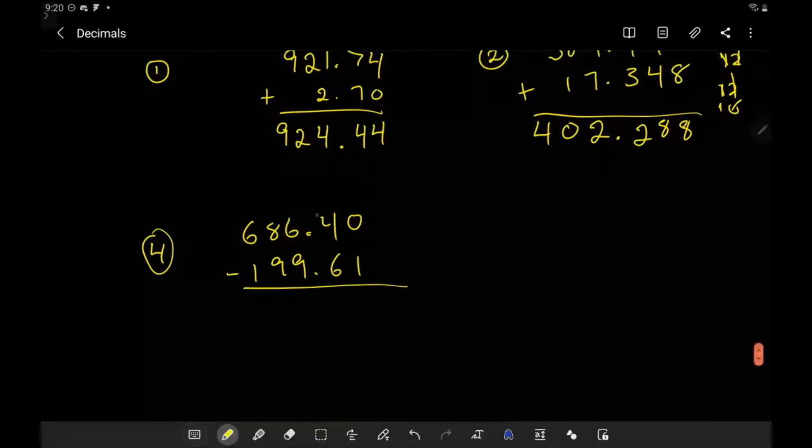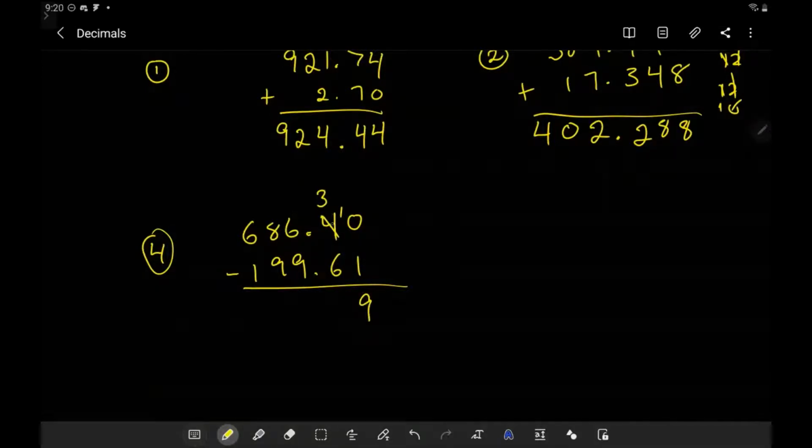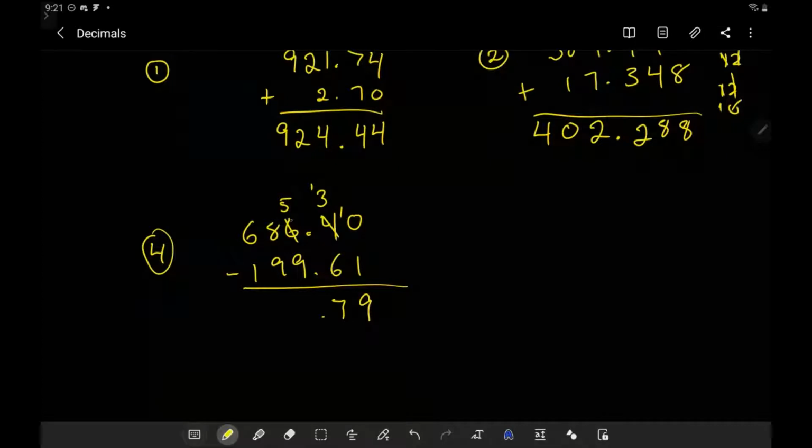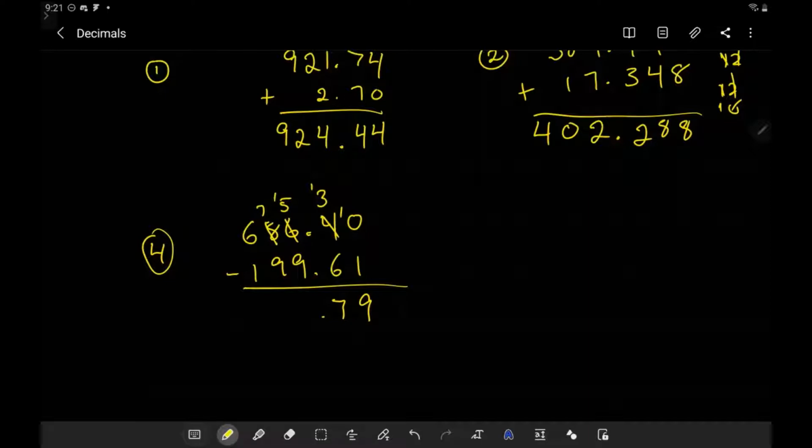So we have to take 1 from this, so this would be 3. 10 and 1. 10 subtract 1 is 9. 3 cannot subtract 6, so we have to take 1 from here. 13 from 6, well, 6 from 13 is 7. 5 cannot subtract 9, so we take 1 from this, so we have 7. 9 from 15 is 6. 7 cannot subtract 9, so we take 1 from here.